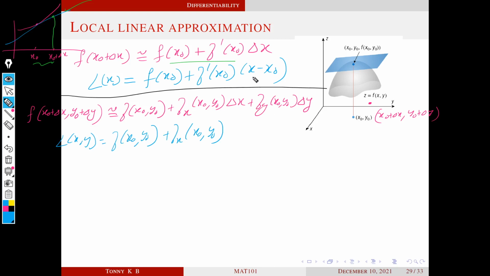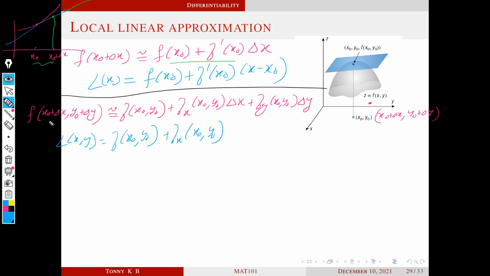Similar to this tangent equation, this is the equation of this approximation. Similarly, what is the equation of the approximation in two variable calculus? So Lxy, instead of Lx, it is Lxy. Lxy is equal to f of x naught y naught plus fx of x naught y naught into delta x. What is delta x?